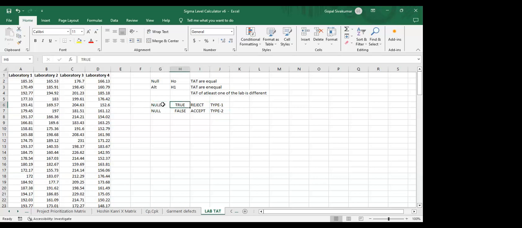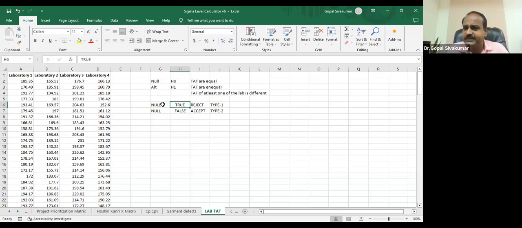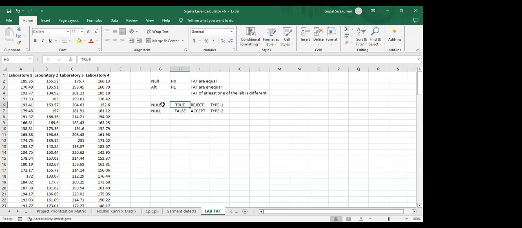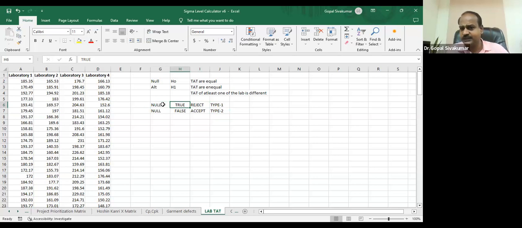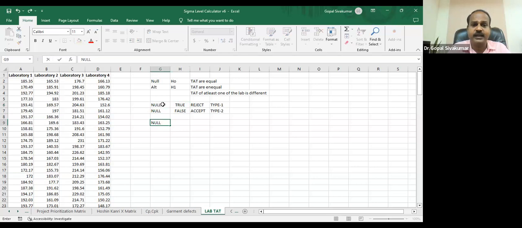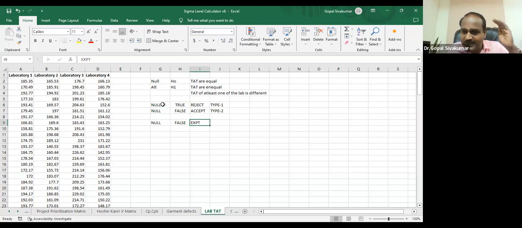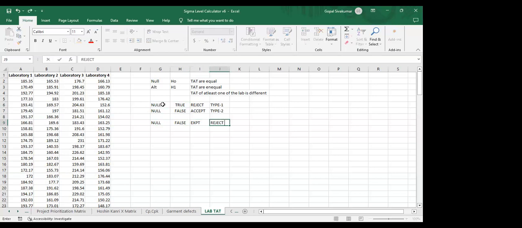If your company's belief is correct, what they believe is correct, what they practice is correct, and you do an experiment properly, your experimental outcome should actually align with the company's belief, because it is true, isn't it? If the company's belief is wrong, let's say the null is false, and you are conducting the experiment, and your experiment also confirms that it is false, that's the time you reject the null.